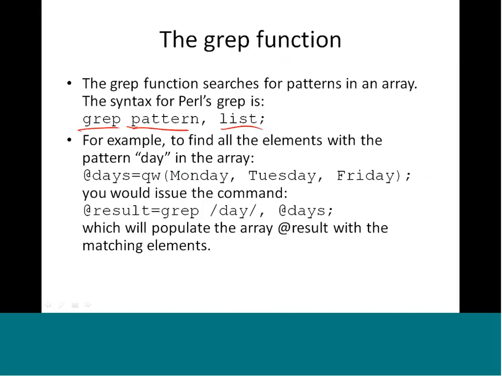For example, if you want to find all the elements with the pattern day in an array, where the array is defined as Monday, Tuesday, and Friday. We say the array list equals grep, where the pattern is always enclosed within slashes, which we already know about, and then the array that we are specifying here.